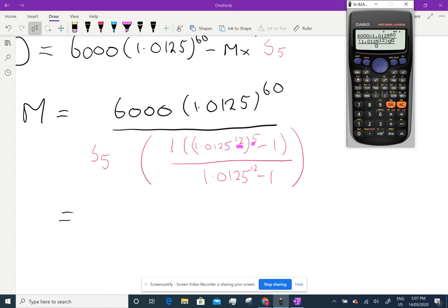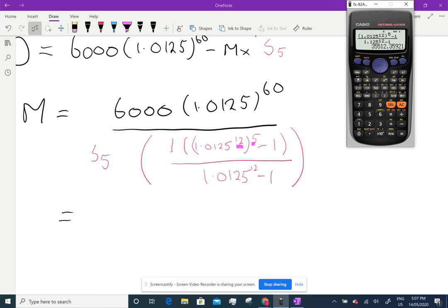Oh, too many powers. Oh, come on. What are you doing? All right, to the power of 5, minus 1, and then I've got 1.0125 to the power of 12, minus 1. Now we should get the right answer.